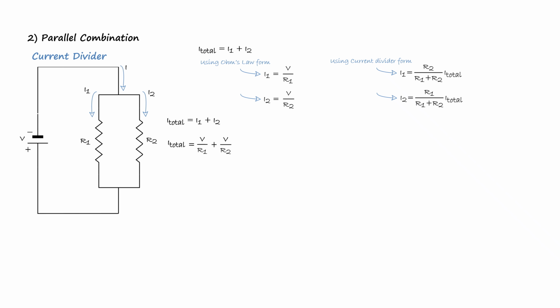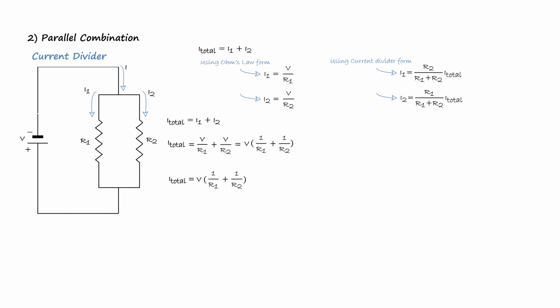We have common V, so we put it outside, then I total is equal to V times 1 over R1 plus 1 over R2. And so simply I total is equal to V times 1 over R1 plus 1 over R2.